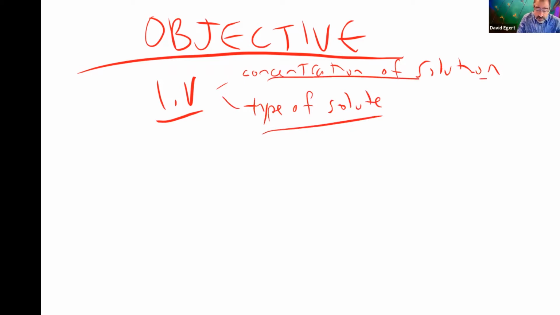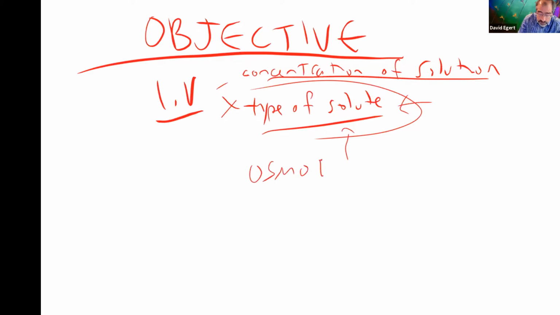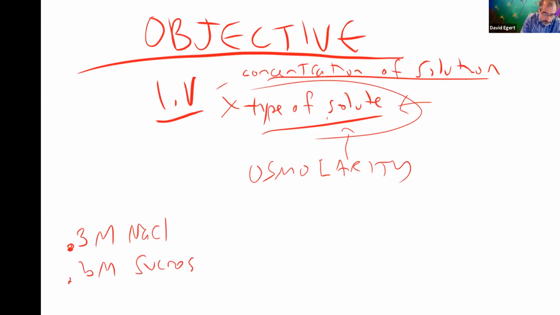When we think about the types of solute, because ultimately we're worried about osmolarity, the type of solute is going to determine the relationship between the molarity and the osmolarity, which we care about, right? 0.3 molar NaCl and 0.3 molar sucrose.